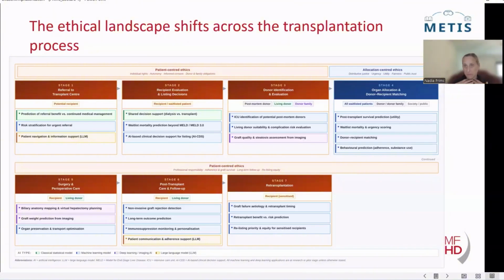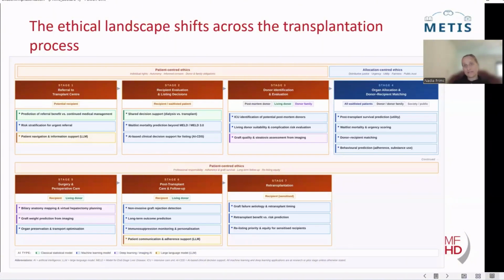The primary obligations of the healthcare system are to the patient, their autonomy, their informed consent, their well-being. So the question in focus is, what is the right decision for this specific individual patient?